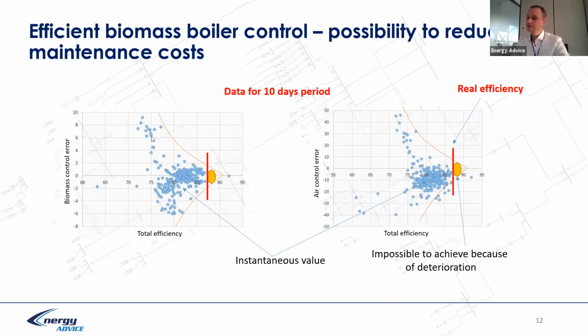If we see, without optimum control, that the boiler on a daily or weekly average, according to fuel amount calculations, has an efficiency of maybe 77 or 80%, our decision error would be from 87 to 77. It's a 10% decision error. So we can prolong our boiler operation and not make mistakes in the decisions.